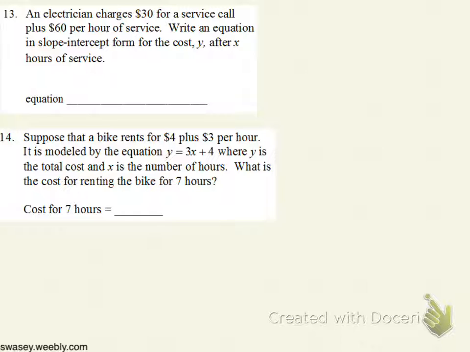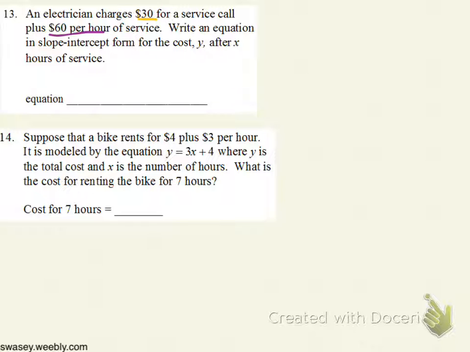When you're reading the word problem, you're going to look and try to figure out which one is a repeated value. When we graph, we plot the y-intercept one time, and the slope we can use more than once. So here they charge $30 for a service, and then $60 per hour.